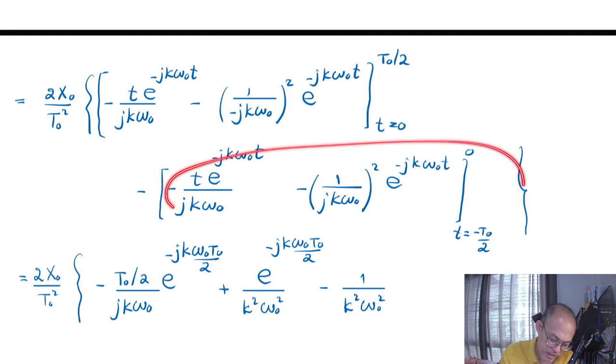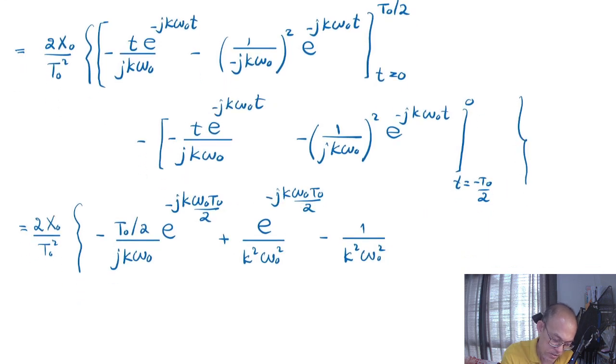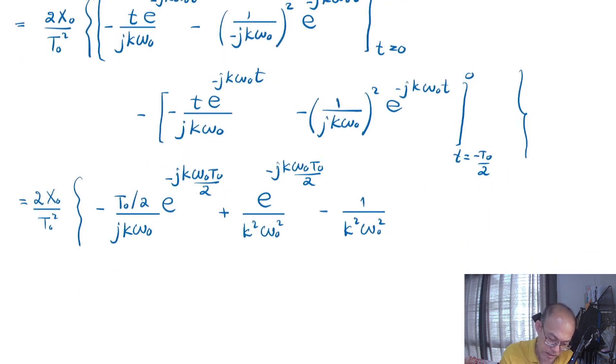Now I have to take care of this one. When t equal to 0, this will go away, so I'm left with this one, right? Negative times negative is positive, but we have negative here from j squared, so I'm going to have minus 1 over k squared omega 0 squared.